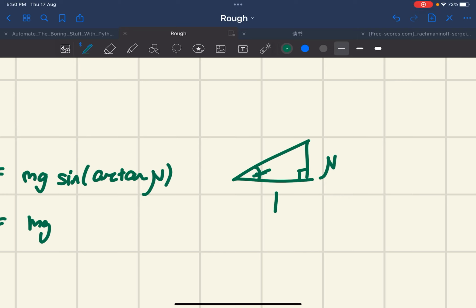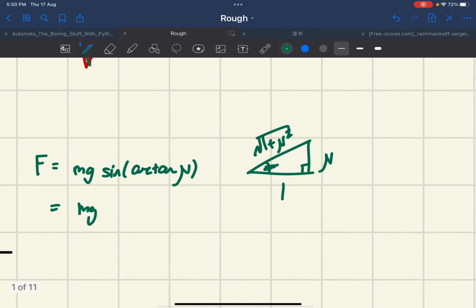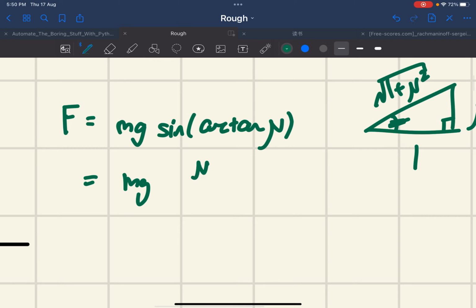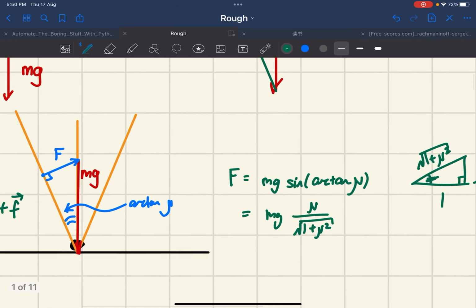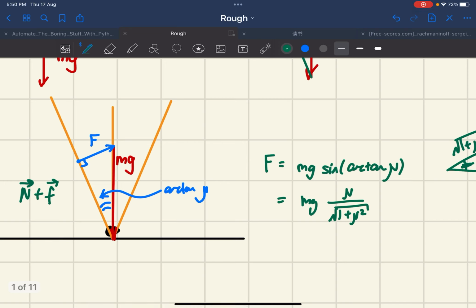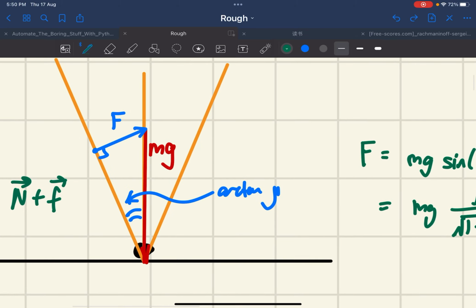So the tan of this angle is mu. The sine of this angle is mu over the hypotenuse, opposite over hypotenuse.